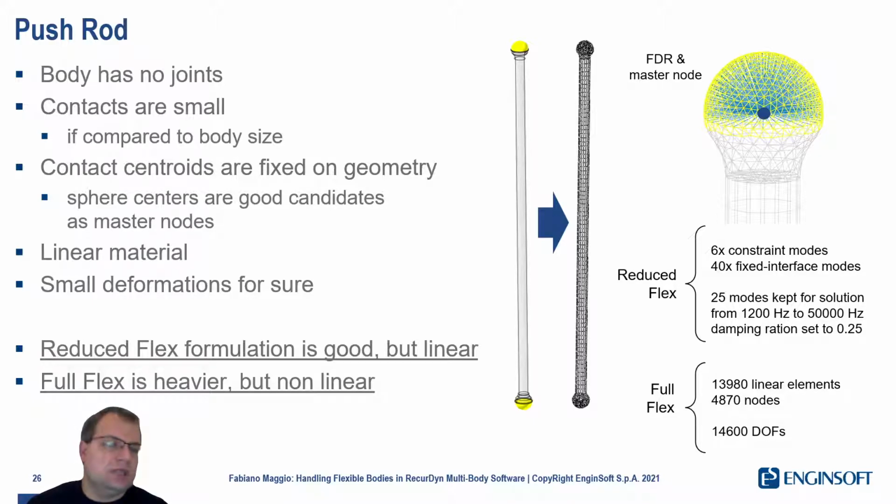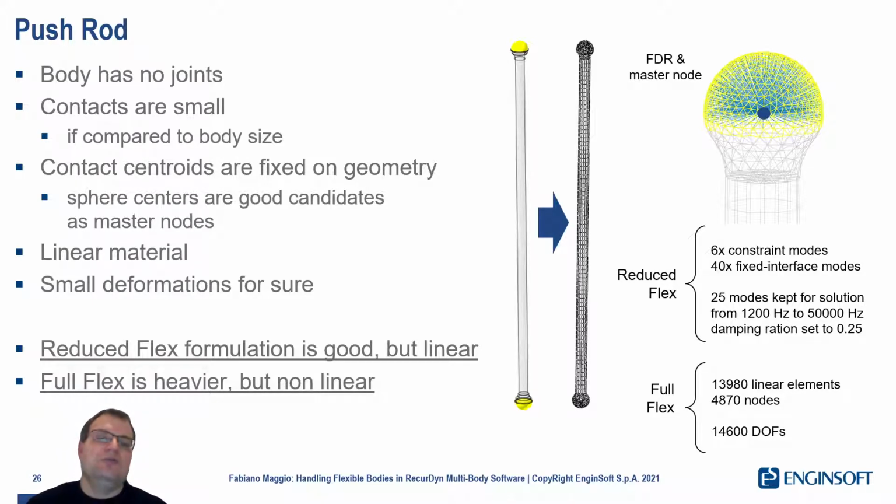Then yes, the number of unknowns, which are the coefficients used in the linear superimposition, are just 25. So using reduced flex approach, this rod is described by 25 unknowns.